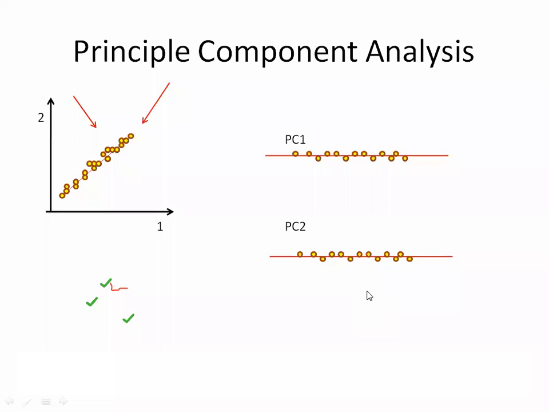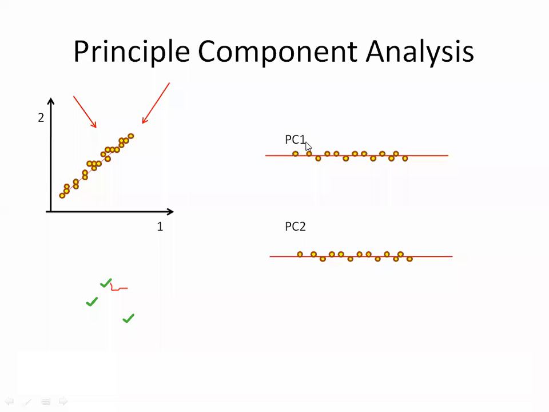One more rule for the principal components is that all dimensions must be orthogonal. What is the meaning of this? It means all dimensions must be independent of each other. Principal components must not be dependent on each other; only then can we consider them separate principal components.